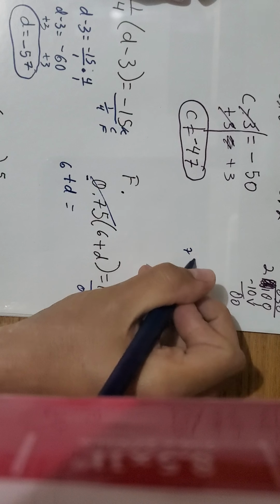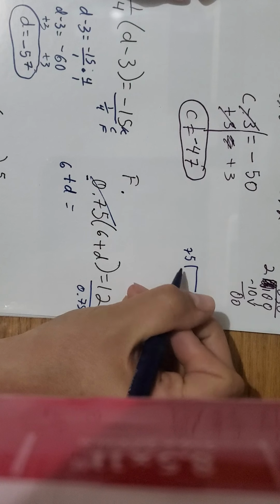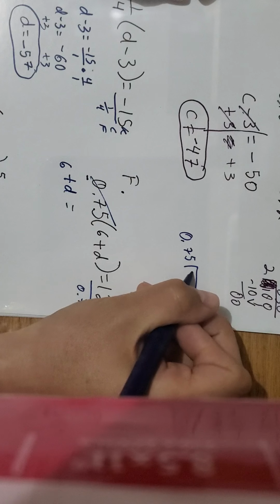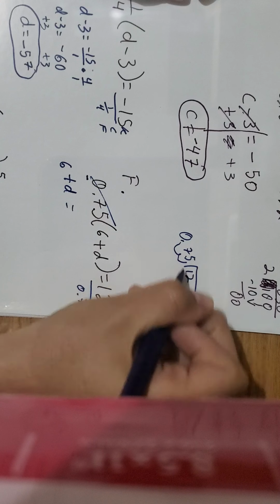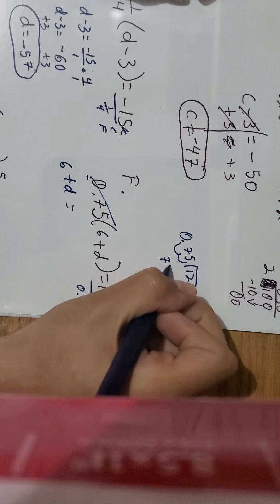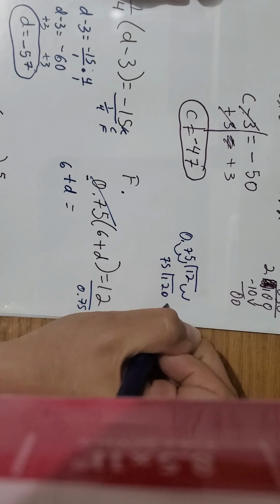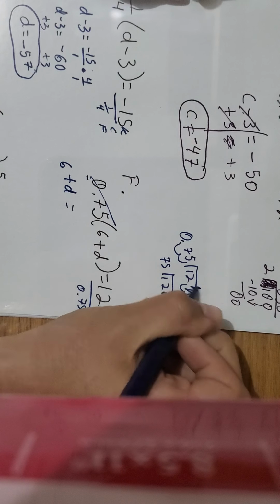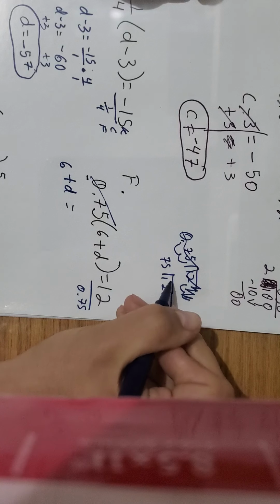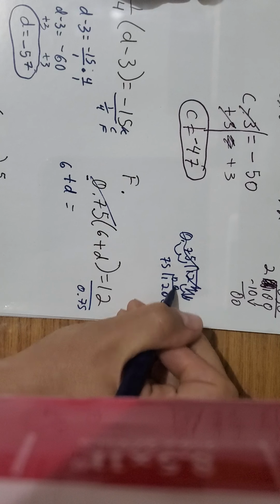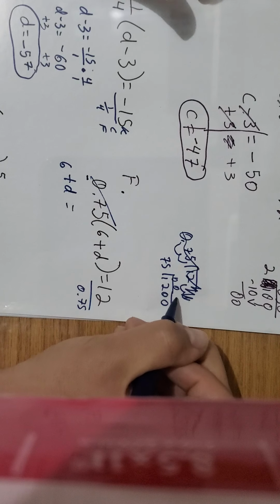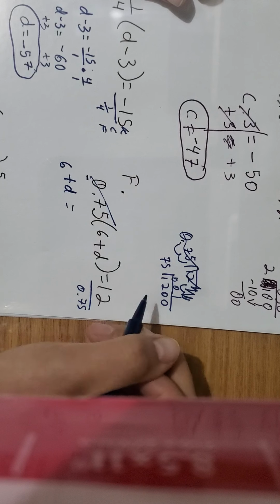So 75, and then I would have added 2 decimal places. So 75 into 1,200. Okay, so 75 doesn't fit into 1 or 12. It does fit into 120 one time only.